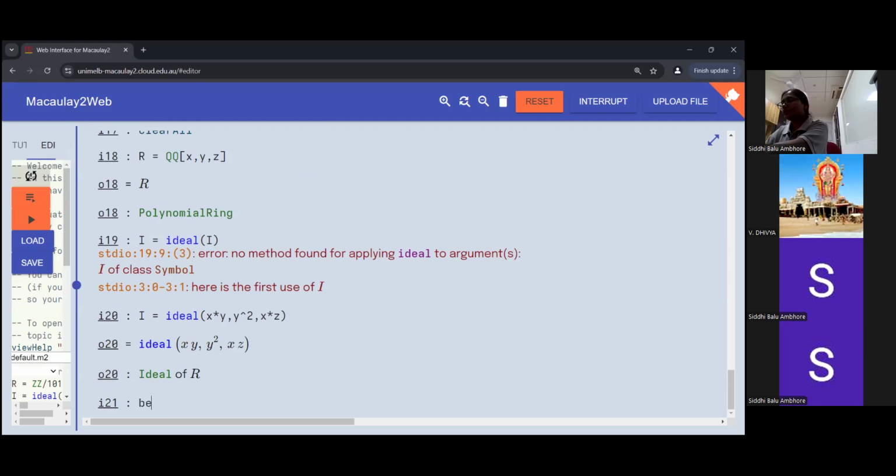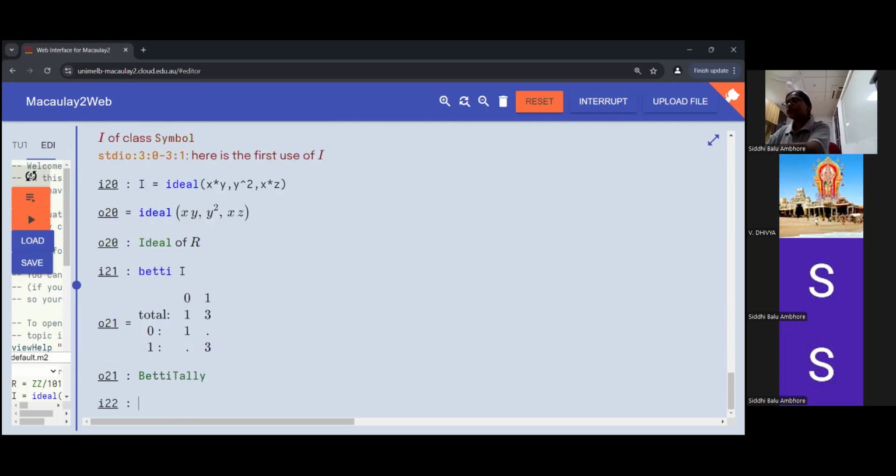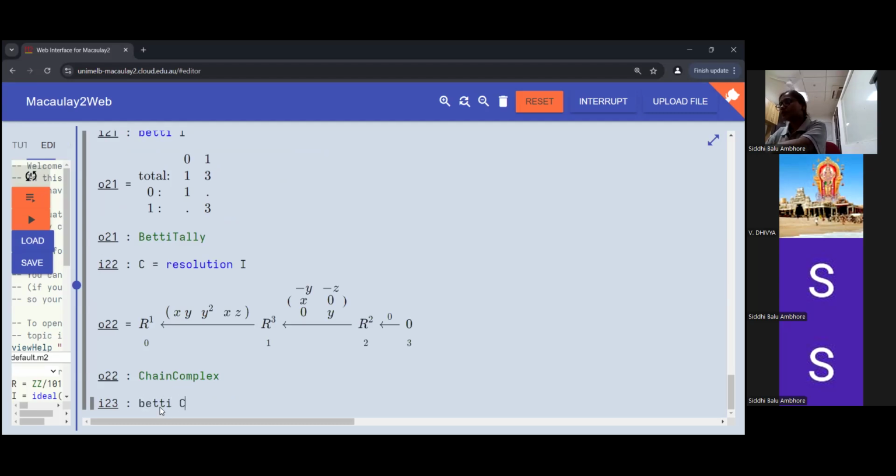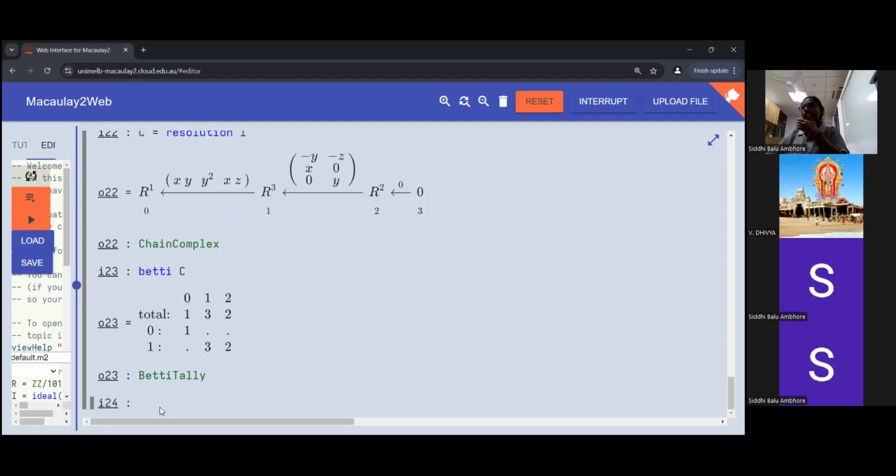Then betti I is this. Sorry, not betti I. I need to find C equal to the resolution of I, the Betti elements of the resolution of M. So resolution of this I, and now betti of this C. Okay, so now it is complete.